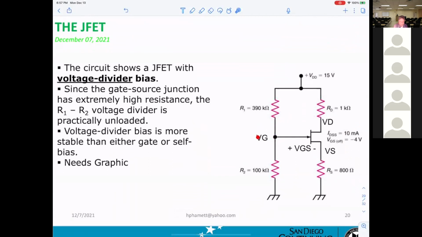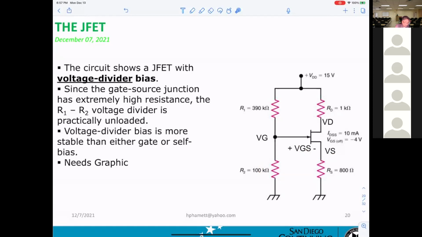To get the gate voltage, you take VDD times R2 divided by R1 plus R2, and from the gate to the source, you get VGS.